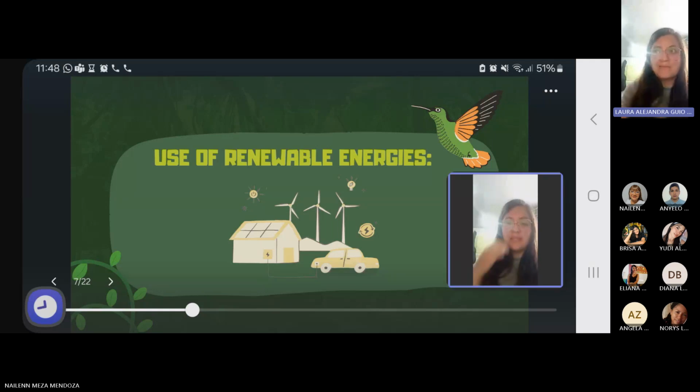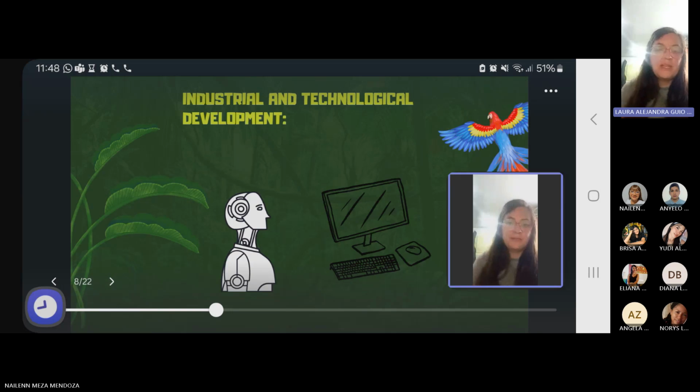The next, please. Industrial and technological development. Economic growth and technological advance have led to an increase in the production and consumption of goods and services, often resulting in increased greenhouse gas emissions. The next, please.